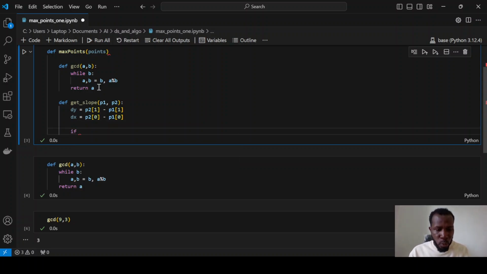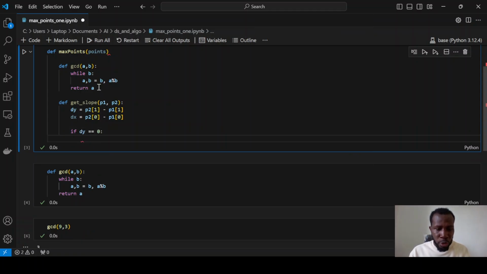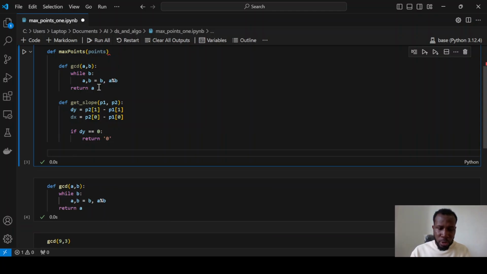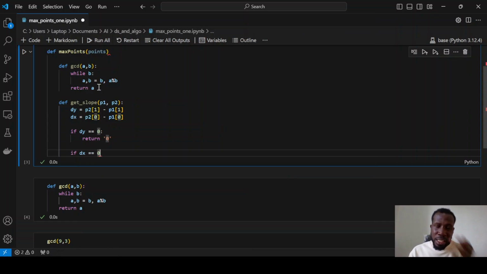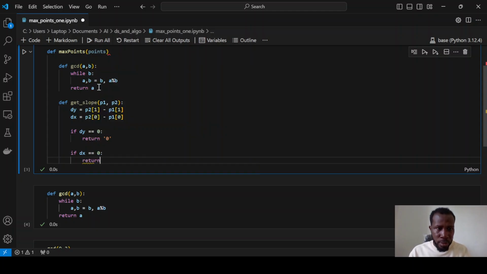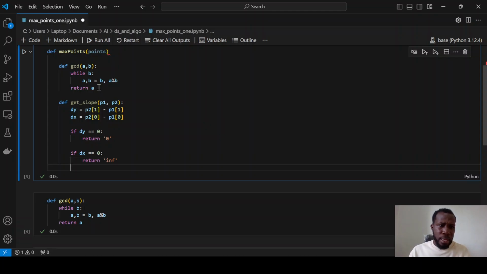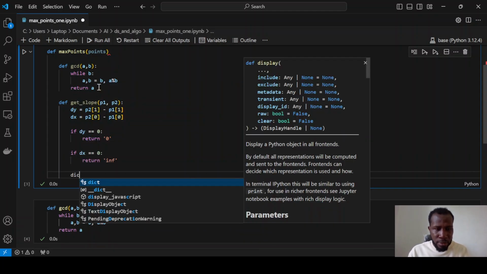So if dy is equal to 0, it will return to us the string value of 0. If our dx is equal to 0, it means dy over 0, which is infinite. So it's going to return infinite like this.